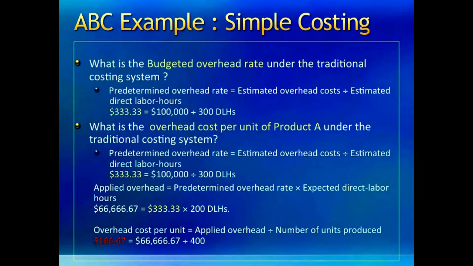Dividing it by the number of units, 400, we figured out we will have a per unit cost of 166.67. Keep this figure in mind. We will be using it for comparison with ABC later. Remember, this is the overhead assigned to product A under our traditional costing system.